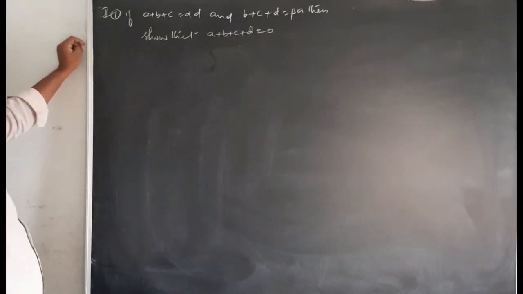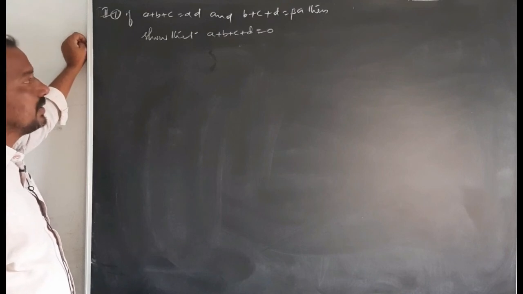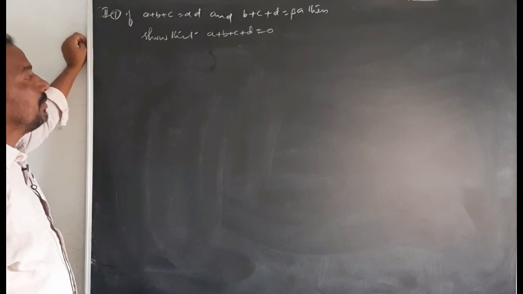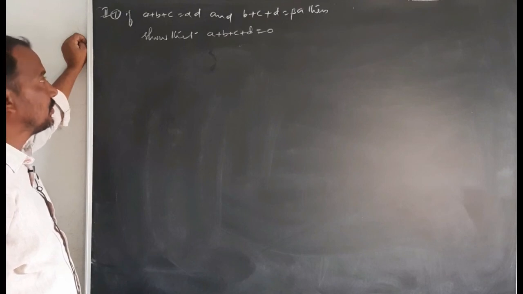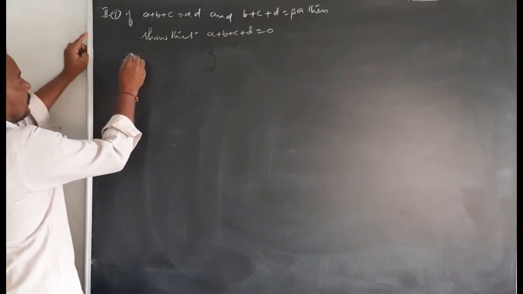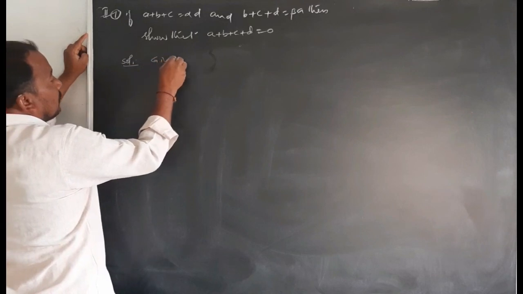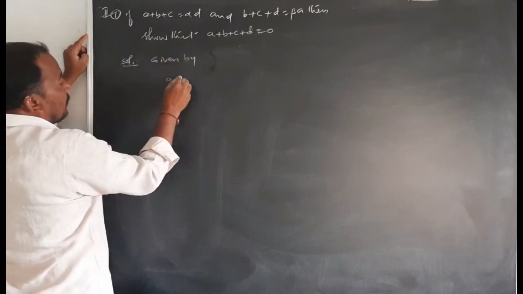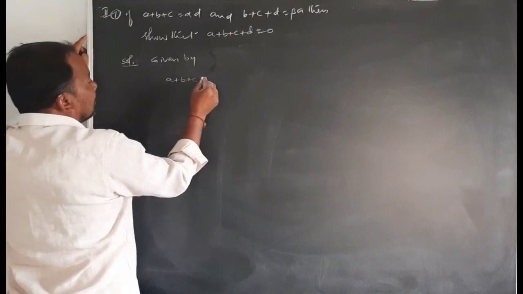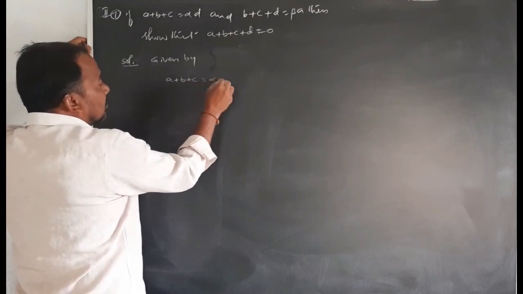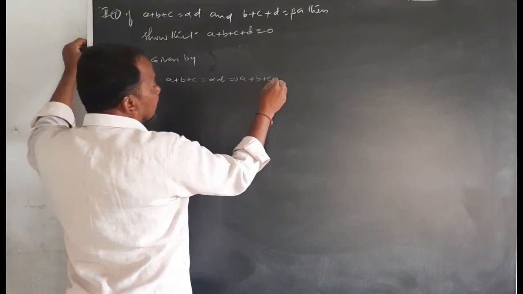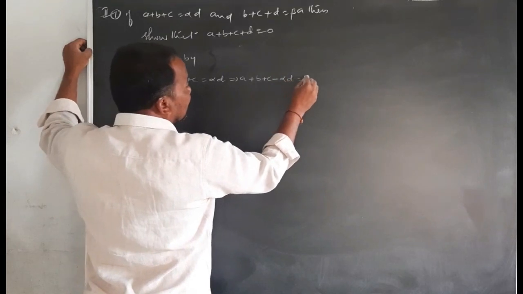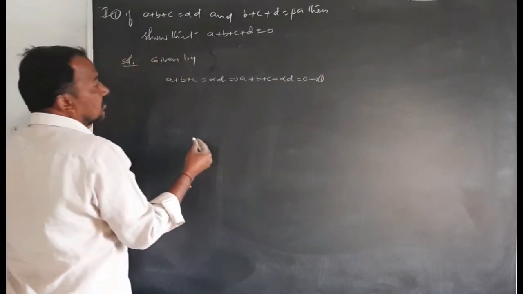If A plus B plus C equals alpha D and B plus C plus D equals beta A, then show that A plus B plus C plus D equals 0. Given A plus B plus C equals alpha D, this implies A plus B plus C minus alpha D equals 0, equation number 1.